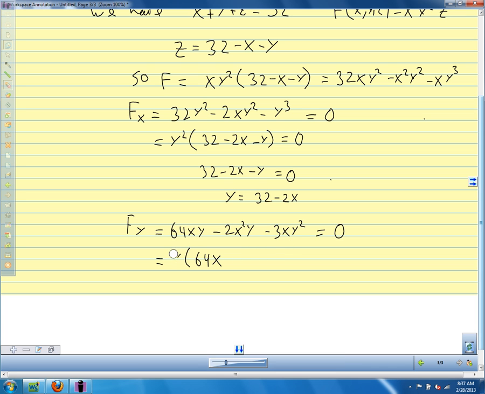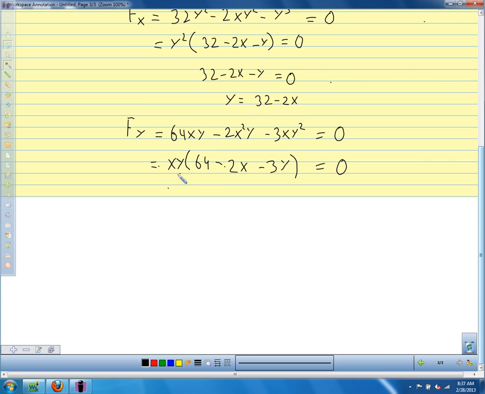So we get 64xy times 64 minus 2x minus 3y, and that equals 0.